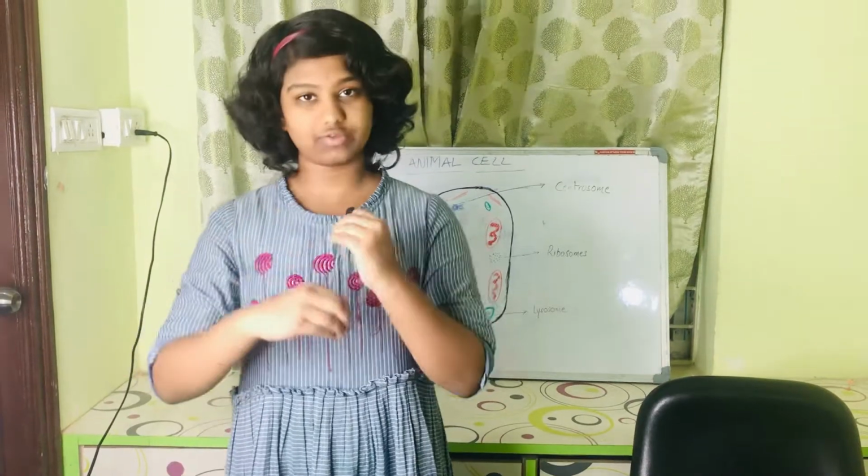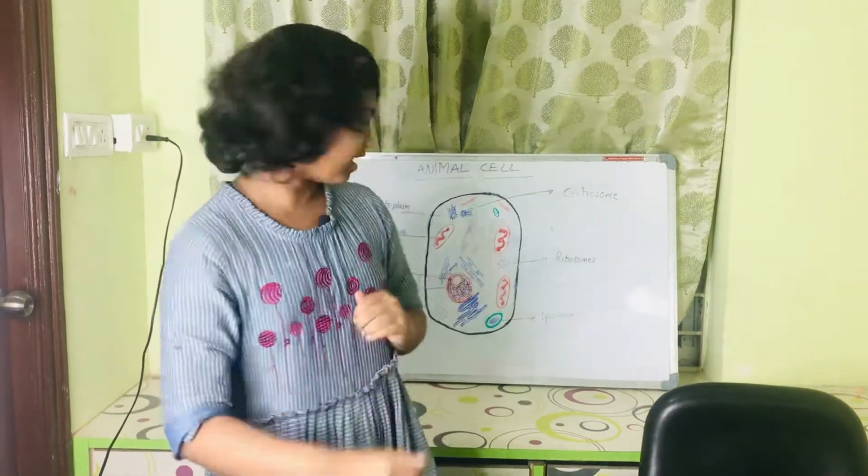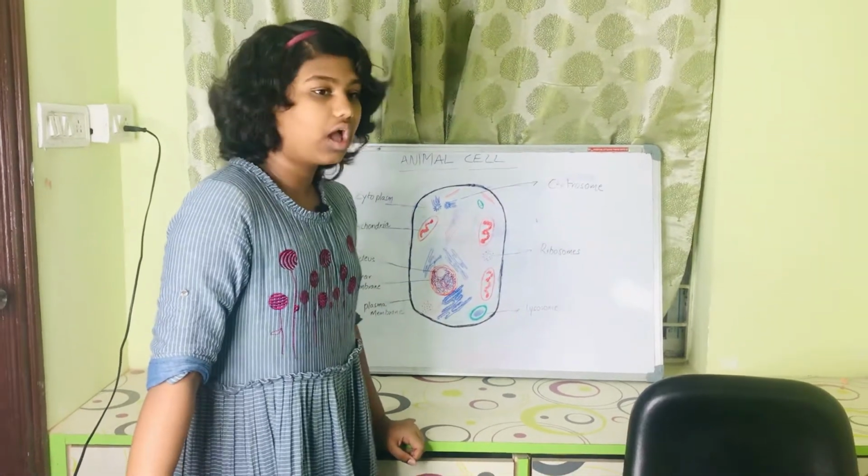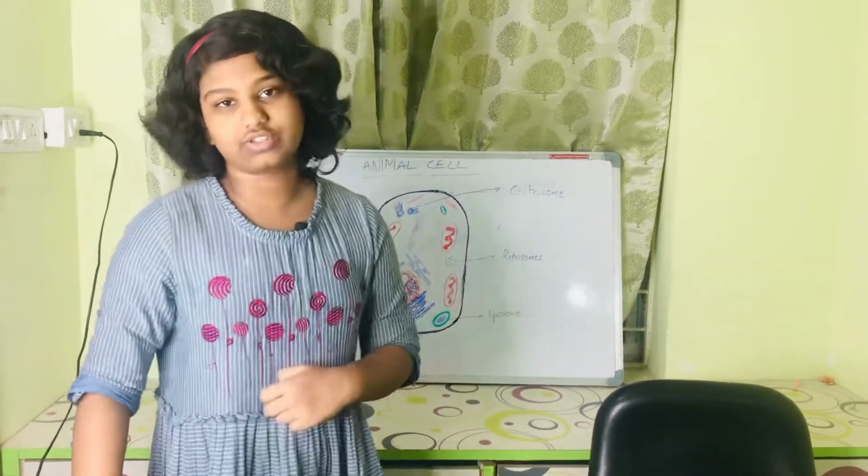These ribosomes are usually found freely wandering in the cytoplasm or attached to the endoplasmic reticulum. The presence of ribosomes makes it rough ER, and the absence of ribosomes makes it smooth ER.